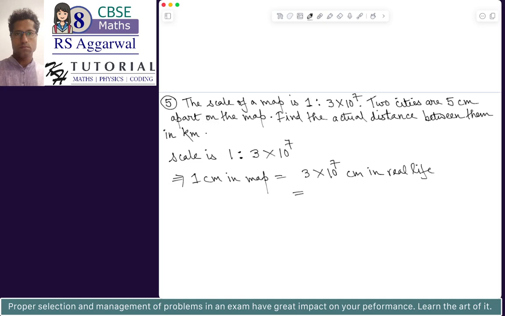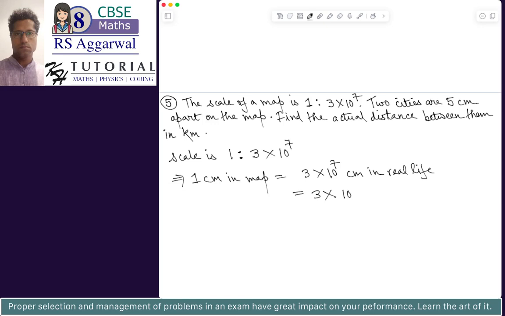It is given in centimeter. So the scale is 1 is to 3 multiplied by 10 to the power 7 means that 1 centimeter in map is equivalent to 3 multiplied by 10 to the power 7 centimeter in real life. This is a concept of ratio.